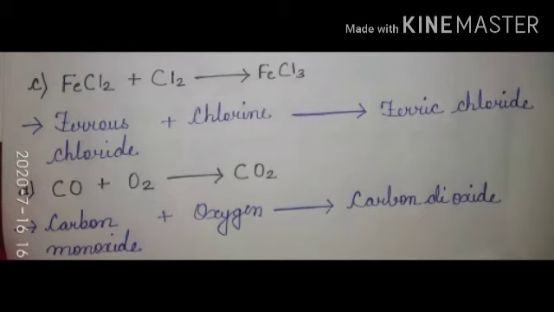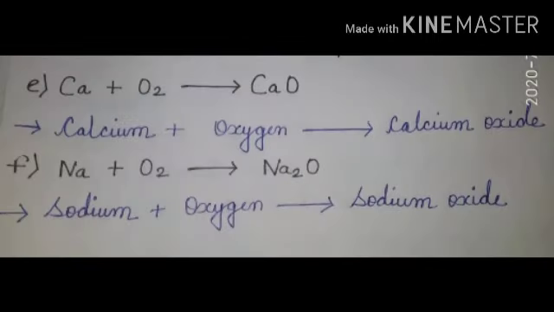Here CO is carbon monoxide plus oxygen gives carbon dioxide. The next is Ca plus O2 gives CaO. Here Ca is calcium plus oxygen gives calcium oxide. Now the next is Na plus O2 gives Na2O. Sodium plus oxygen gives sodium oxide.